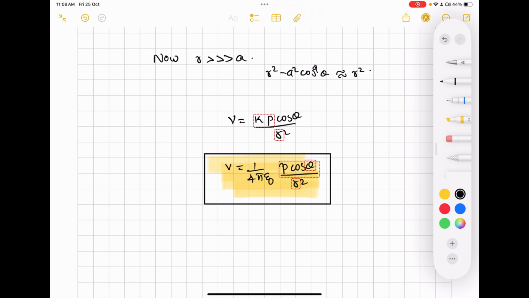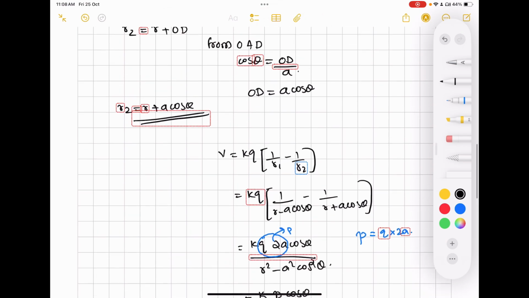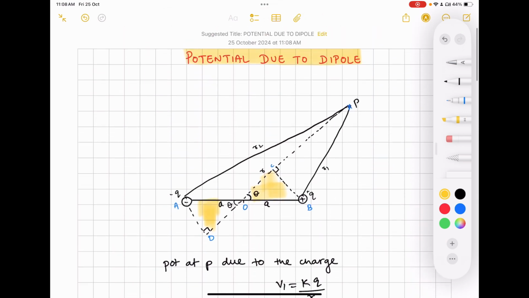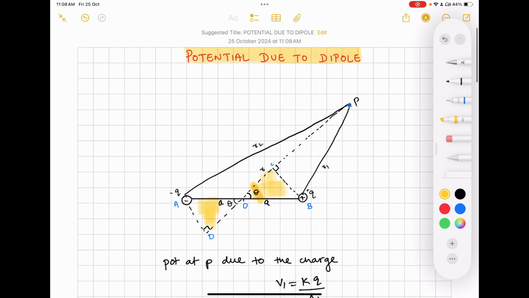This is the expression for potential due to a dipole at a distance r away from the center, and theta is this particular angle.